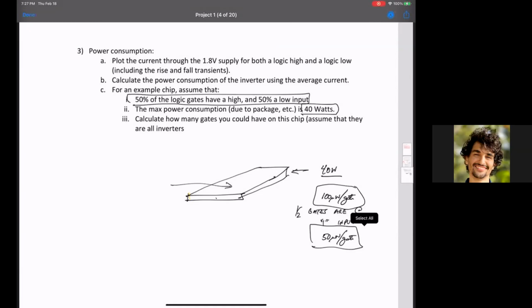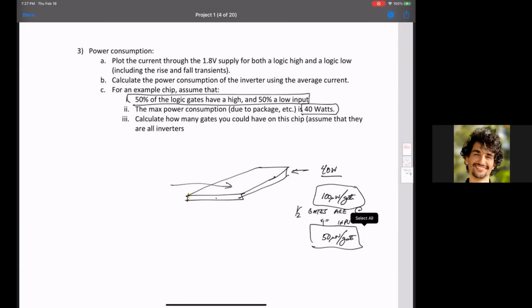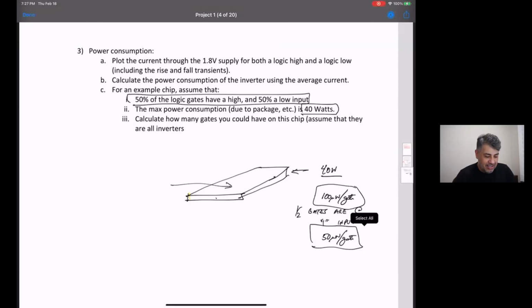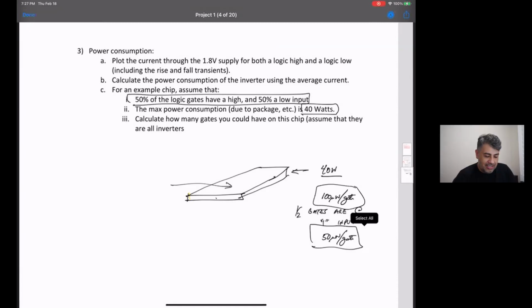No? I'll be honest, Professor, I haven't started on this yet. Oh, you haven't started? Planning on starting tonight. Better hurry up, man. Yeah, I'm actually on my way back from work right now. Okay, good luck. Logan, did you start? No, I'm starting tonight. Okay, you guys are going for it.